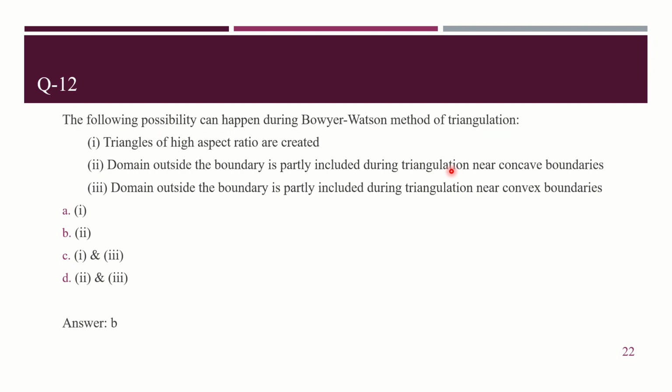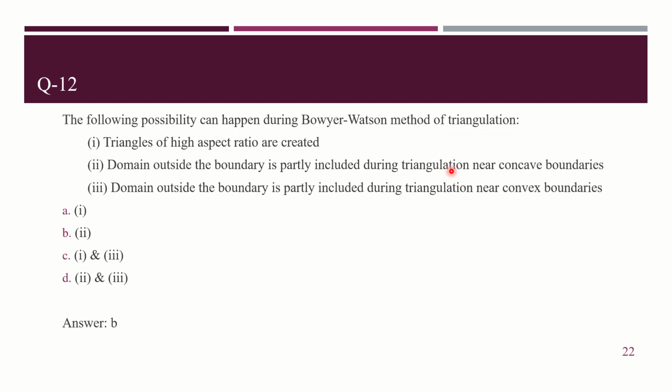But the first statement belongs to the advancing front method. So the thing in Bowyer-Watson method is we insert the grid node points randomly, and sometimes it includes the domain outside the boundary partly.